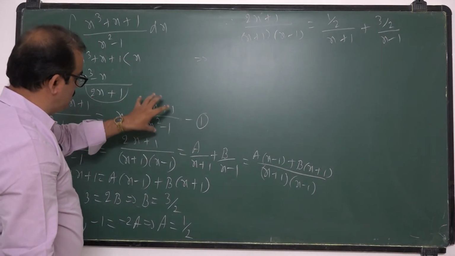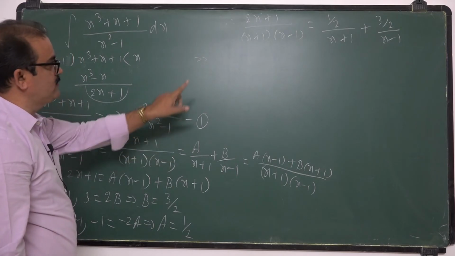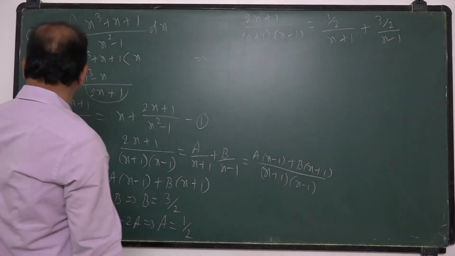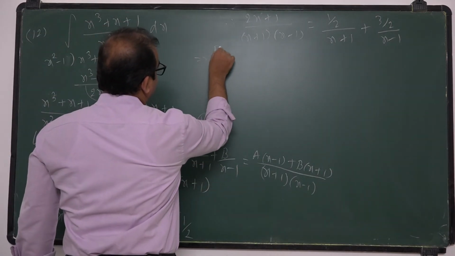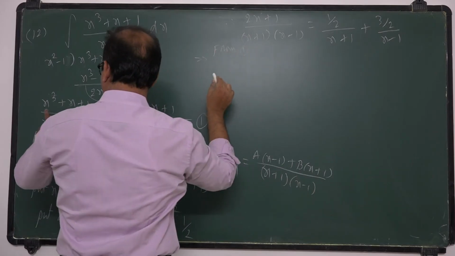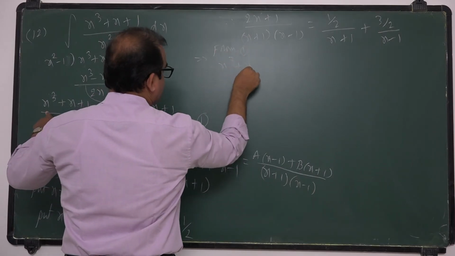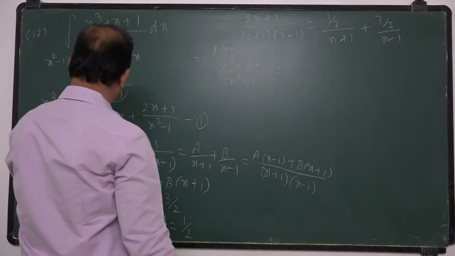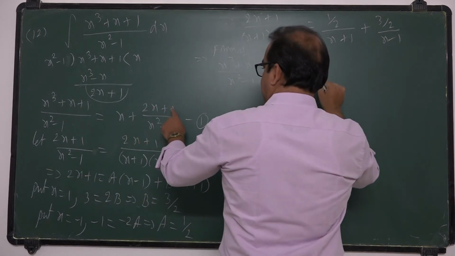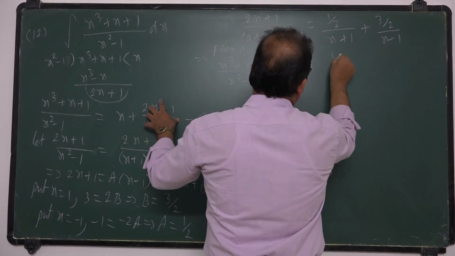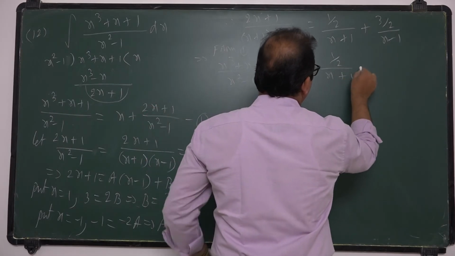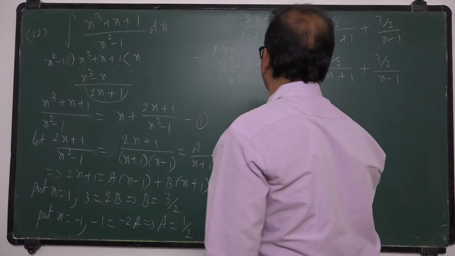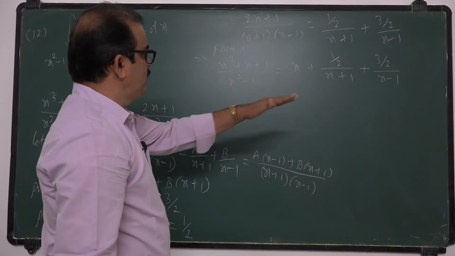We already resolved this second term into a sum of partial fractions, so we substitute this value here. From equation 1, x cube plus x plus 1 by x square minus 1 is equal to x plus 1 by 2 by x plus 1 plus 3 by 2 by x minus 1. Now integrate both sides.